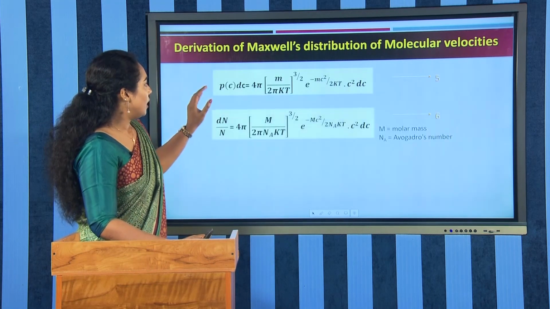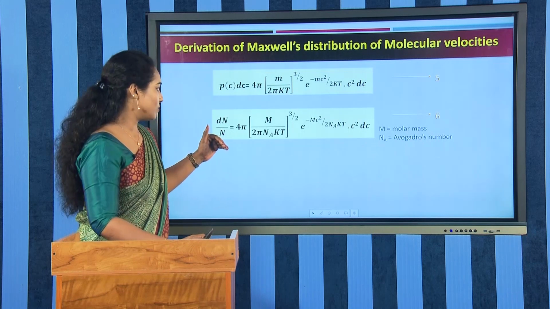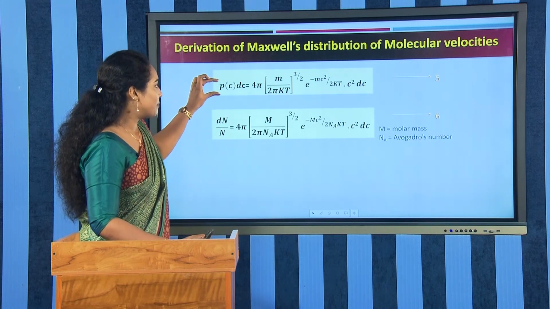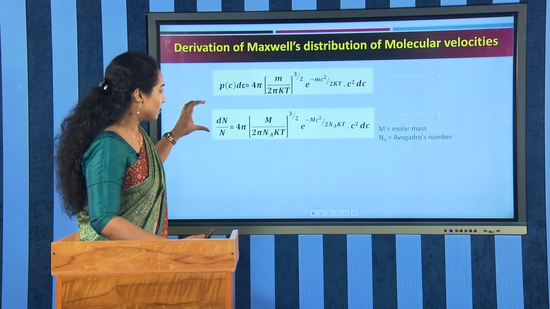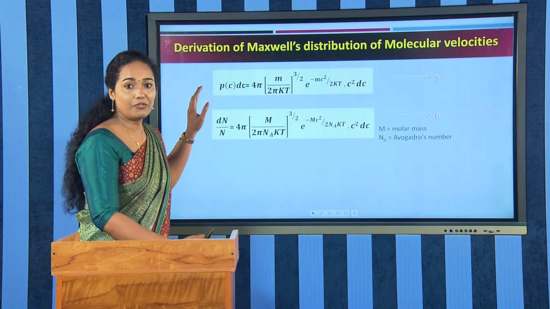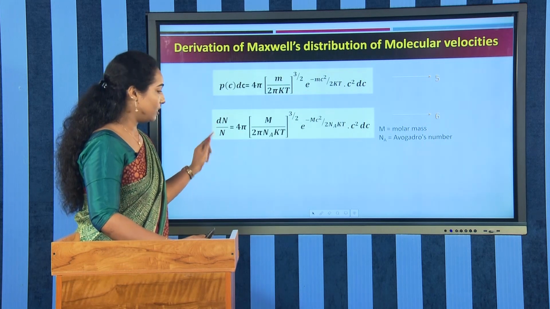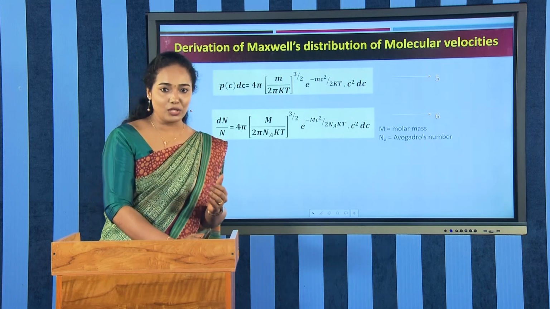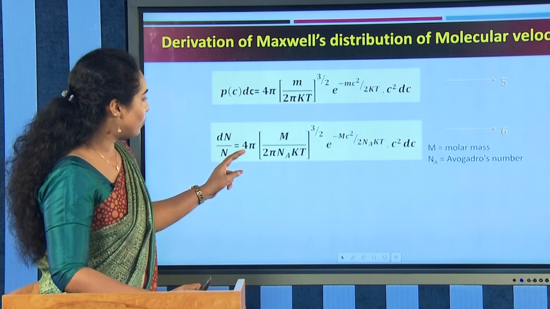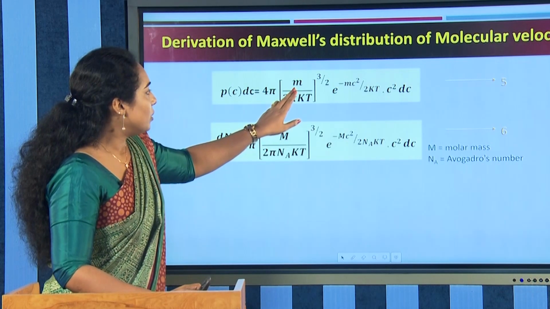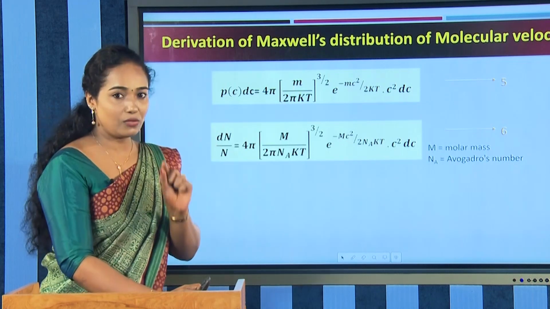Now, actually this equation can be stated in 3 different forms also. Here I have represented the equation in terms of probability. In the next step, I am representing it with relation to the fraction of molecules with a particular velocity, that is dn by n is actually the fraction of molecules with a particular velocity c, and that can be written as 4 pi. Now, here if you look m means the mass of the gas molecule.